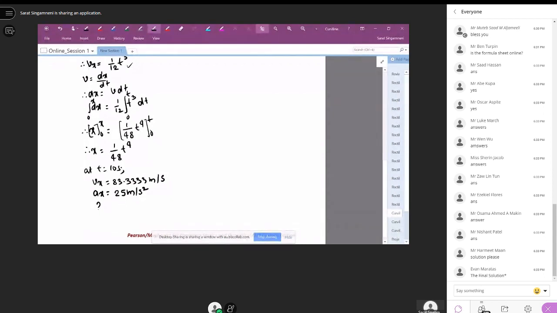And the distance it traveled, x is equal to, substitute in this equation, 208.3333 meters.